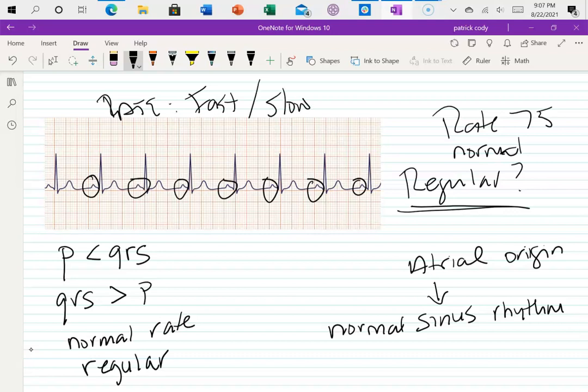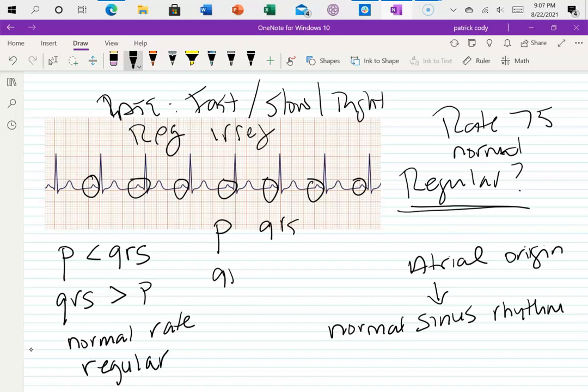Or is this just about right? Is it normal? Okay, and then I want you to look and say, is it regular? What's the regularity here? Is it regular or is it irregular? And then I want you to ask yourself, is there a P before every QRS and a QRS after every P?